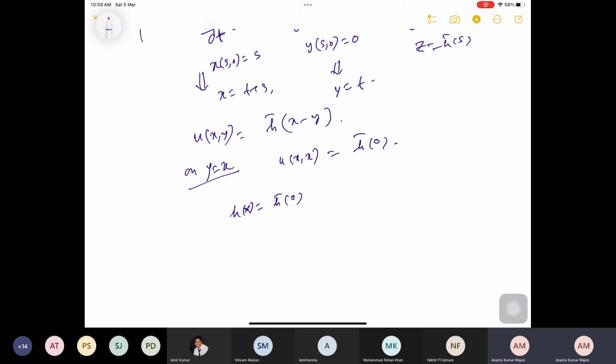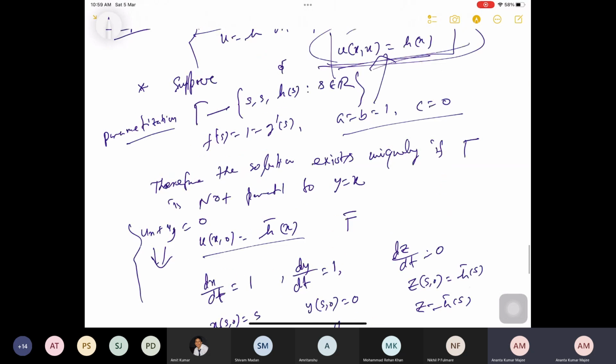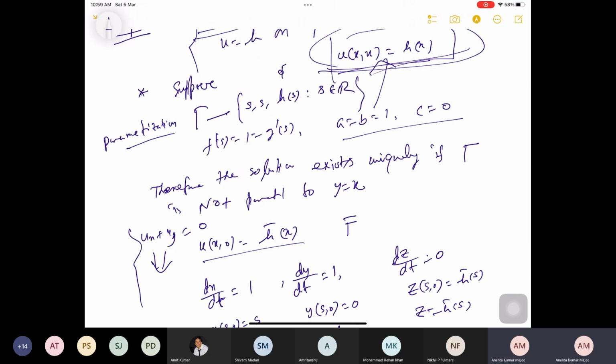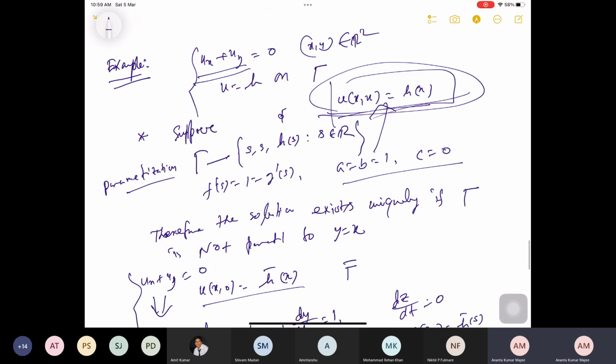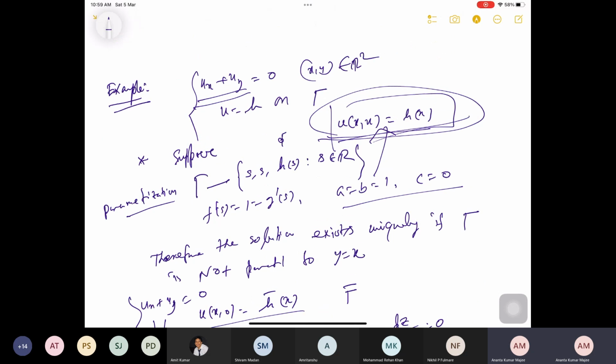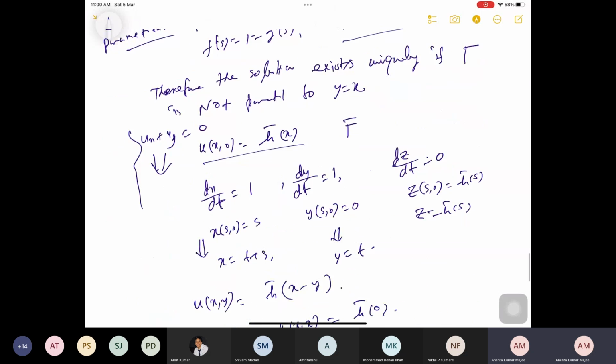In particular, I can think of u of x, y equal to c plus h tilde of x minus y, with h tilde of 0 equal to 0. You see that these satisfy your given PDE, ux plus uy is equal to 0, and u of x, x is equal to h of x.